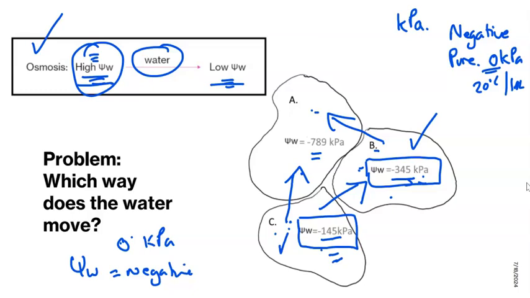This is a problem that is sometimes seen in multiple choice questions in IB examinations. So we're now using a new definition of osmosis, the movement of water from a high water potential to a low water potential, and the values of the water potentials are measured in kilopascals.